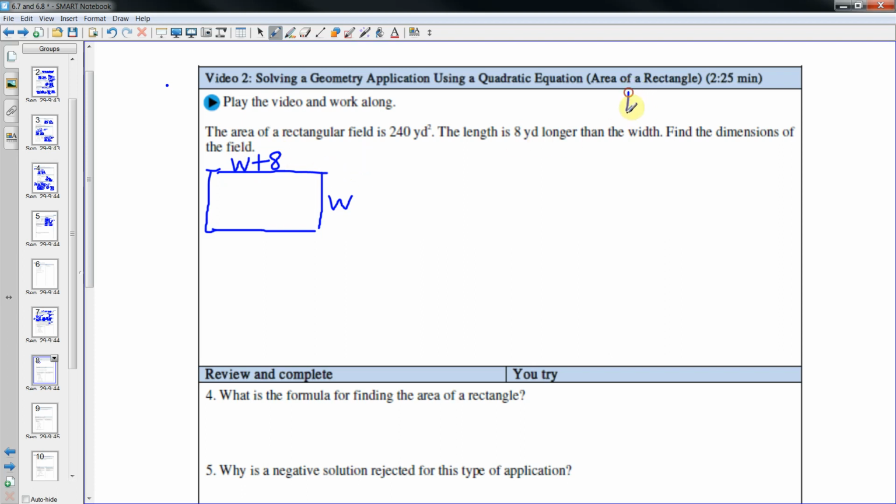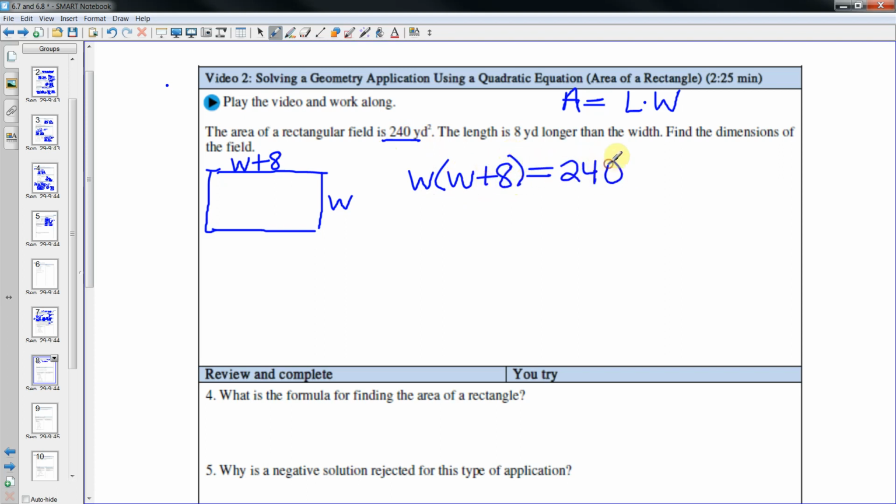Now, we need to remember that the area of a rectangle is length times width. So in this one, my length times width is going to be equal to 240 because that's my area right there. So I'm going to write it as W times W plus 8 equals 240.